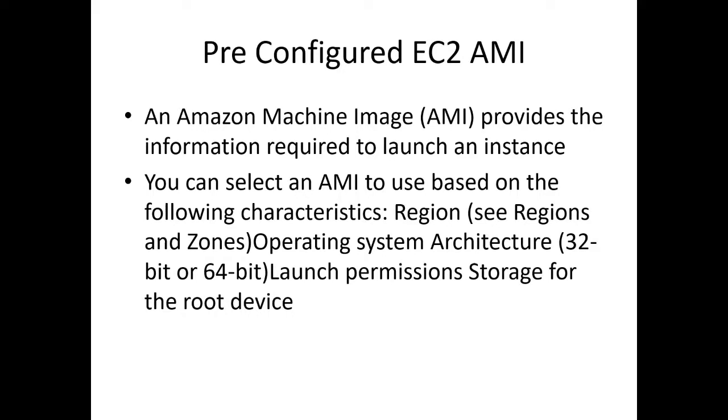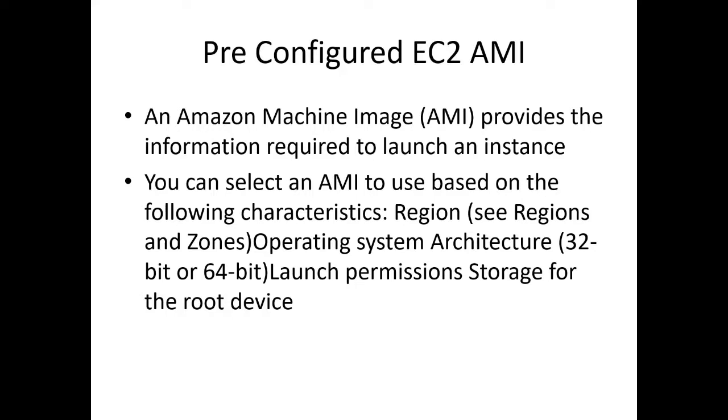An Amazon Machine Image, also called an AMI, provides the information required to launch an instance. You must specify an AMI when you launch an instance. You can also launch multiple instances from a single AMI when you need multiple instances with the same configuration.